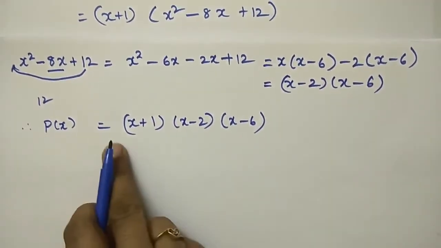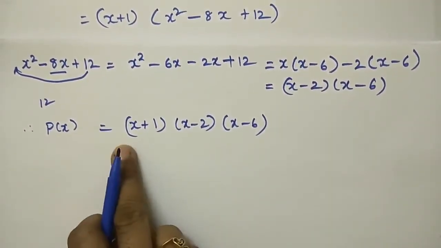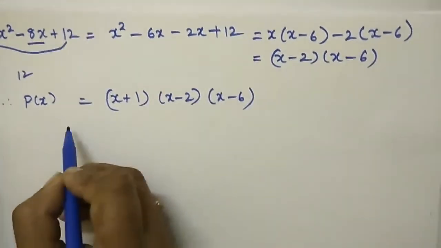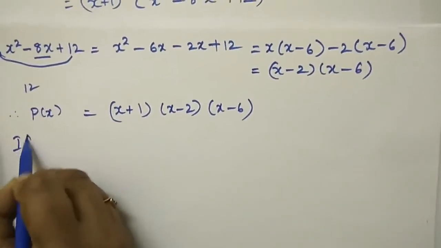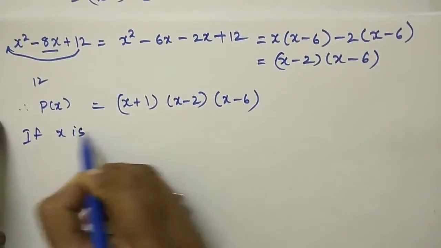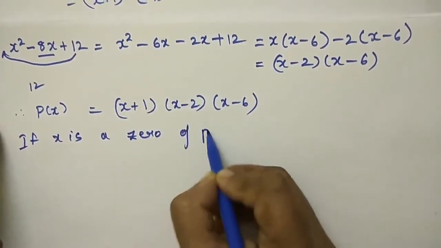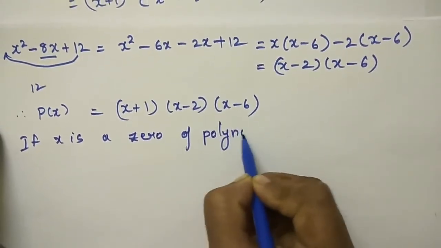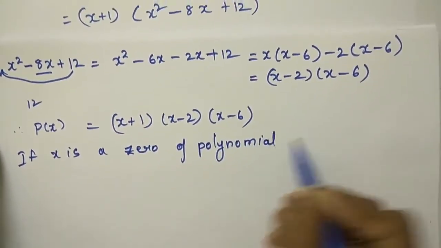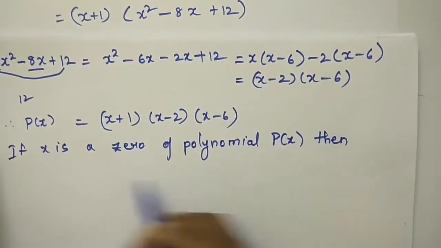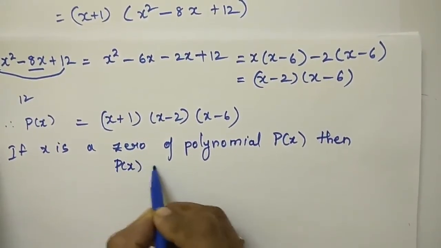polynomials, and we expressed the polynomial as a product of a number and 3 linear polynomials. Given polynomial is p of x. If x is a zero of polynomial p of x, then p of x is equal to 0.